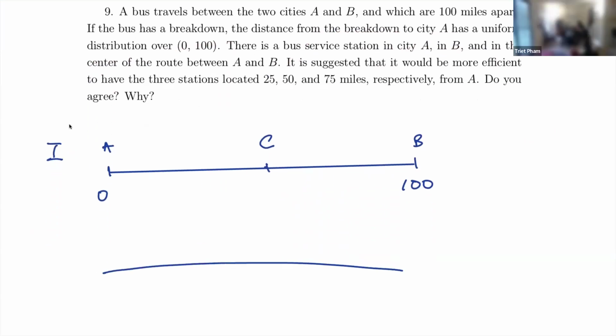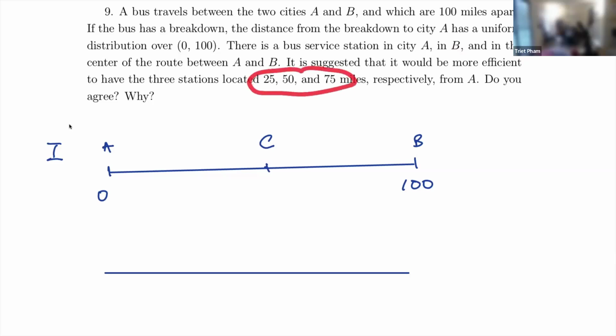Plan number two, instead, we'll put it where? 25, 50, 75. So I guess it'll be A prime. C is actually the same, but just call it C prime now. A prime, B prime. Plan number two.